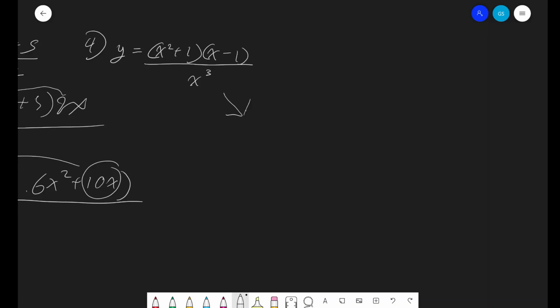So before we start differentiating, let's just simplify the top real quick. So that would be x cubed minus x squared plus x minus 1. So x cubed minus x squared plus x minus 1 all over x cubed.